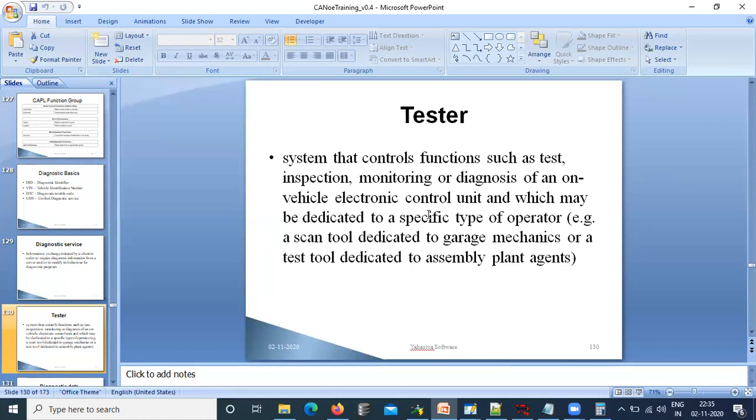Suppose you moved to the extended diagnostic session or programming session using session control. There are some requests in diagnostics called session control. Assume you moved to the extended diagnostic session.